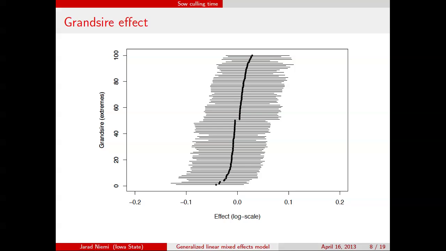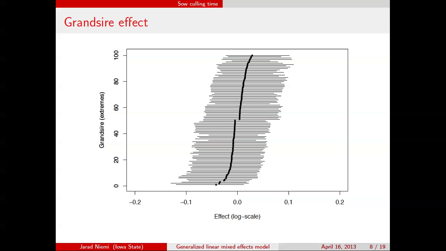So again, the dots are the medians. Right? Estimates for the Grandsires. The lines are then the 95% credible intervals. Quick refresher, how to interpret this effect in terms of additional piglets born? So yes, that's a good call. This is on the log scale.